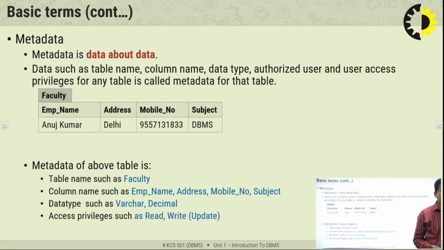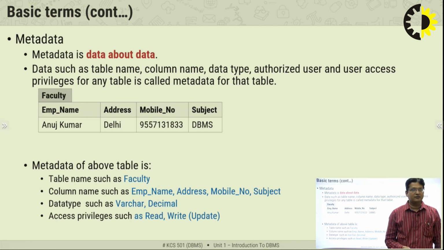So, metadata for the above table is: first, the name of the table; second, the attributes, the column names which are employee name, address, mobile number, subject. Third is data type. The data type is varchar for variables and decimal for numerics. Then access method. What are the various access methods which can be used? Either we can read or we can write.